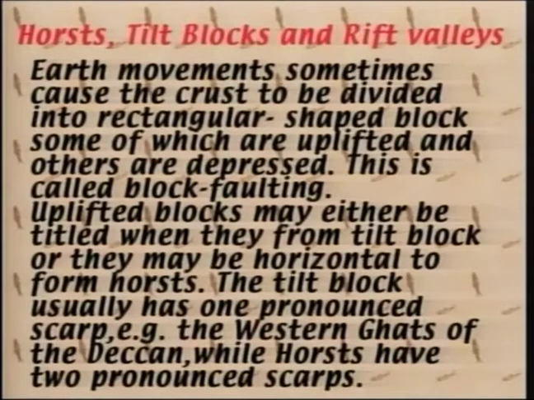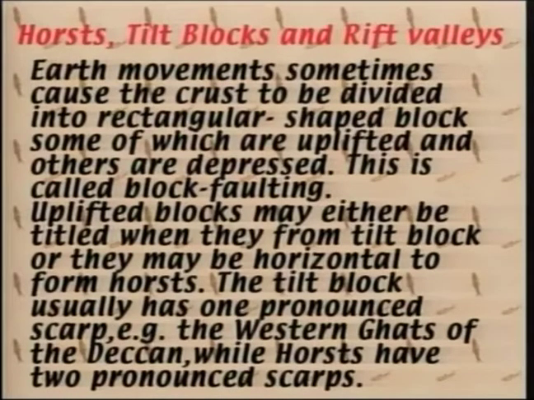Uplifted blocks may either be tilted, forming tilt blocks, or they may be horizontal, forming horsts. The tilt block usually has one pronounced scarp. An example of a tilt block is the Western Ghats of the Deccan, while horsts have two pronounced scarps.